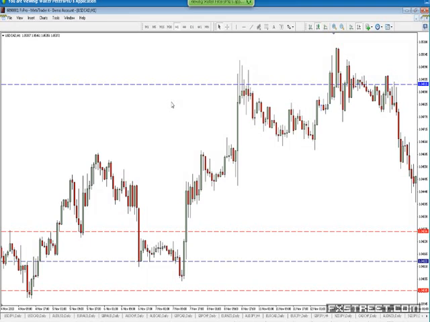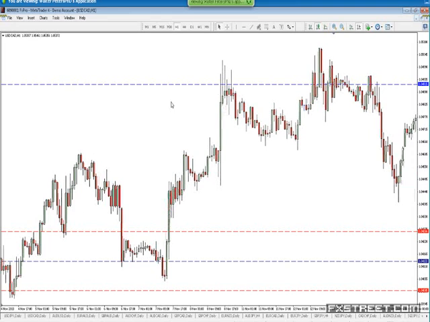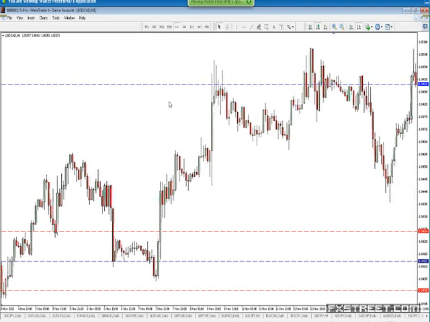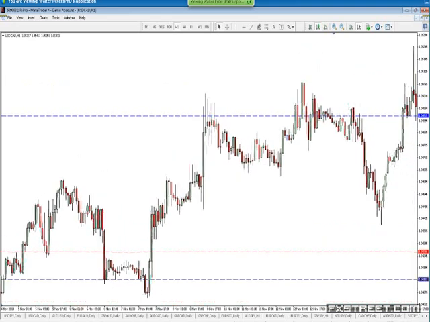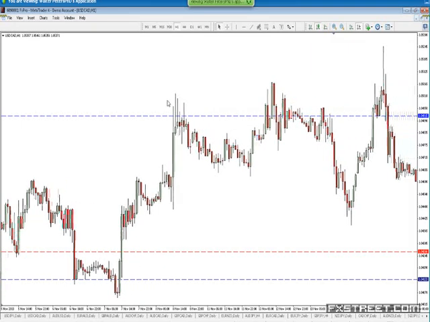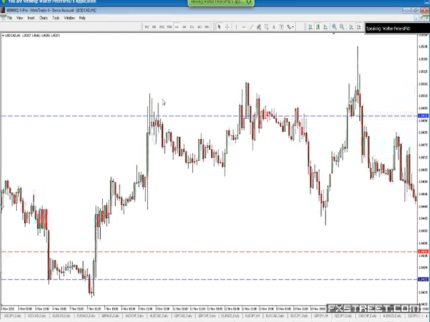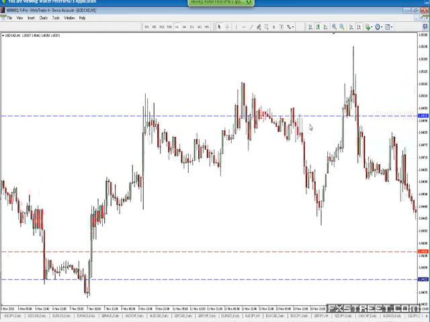I know I'm on the 1 hour chart and I've got my daily support and resistance levels here, but let's see what happens. Okay.